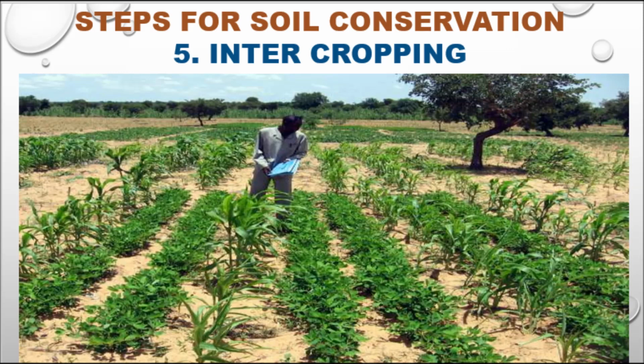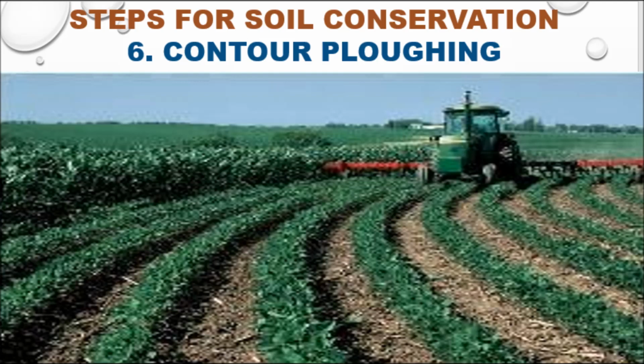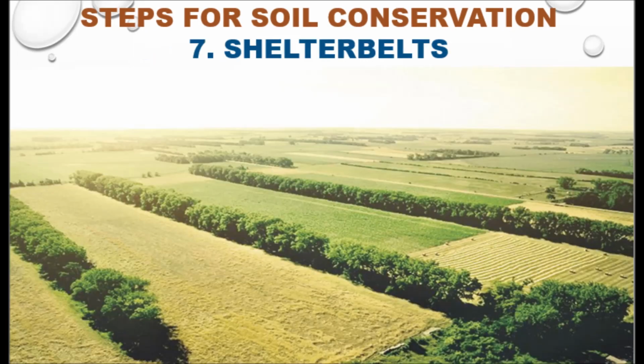Number 6, contour plowing. Plowing on the contours of a hill slope to form a natural barrier for water to flow down the slope is also one of the methods through which we can stop soil erosion. Number 7, shelter belts.